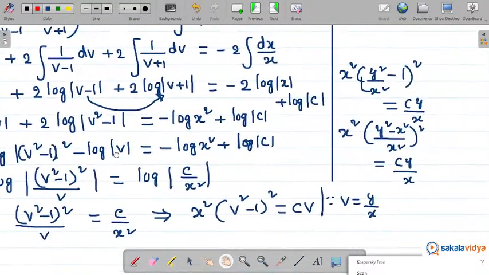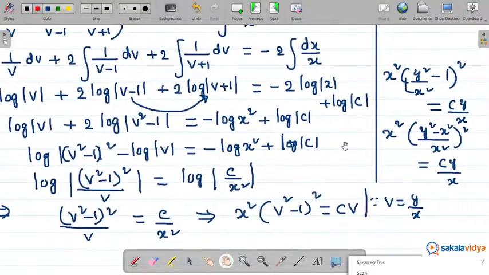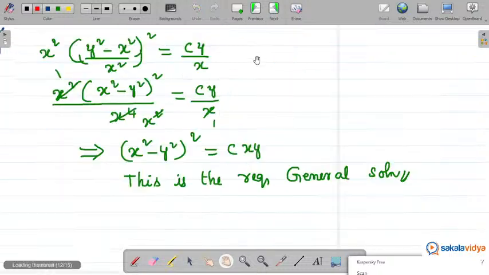So simplification. We have x square into y square minus x square by x square whole square equals cy by x. So go to next page. So this we can write x square into x square minus y square whole square by x square whole square, x to the power of 4.